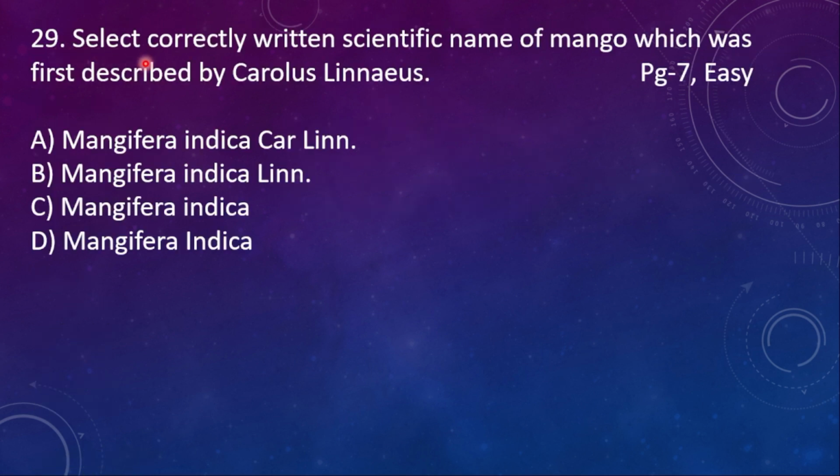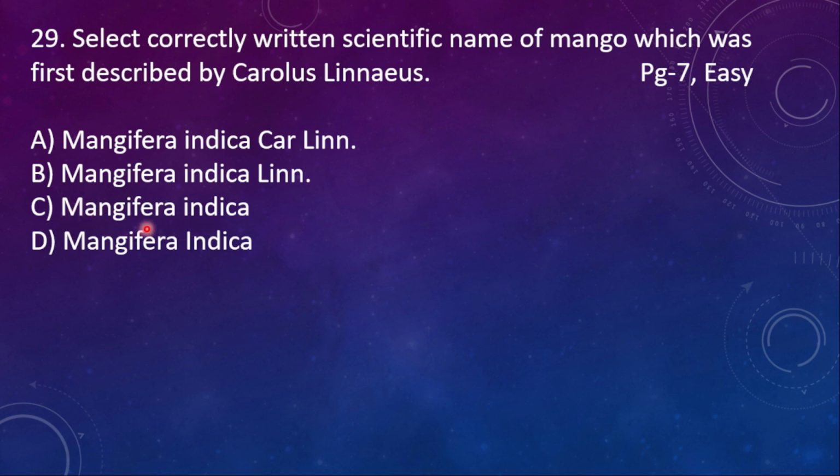29th question. Select the correctly written scientific name of mango which was first described by Carlos Linnaeus. Mangifera indica Carlin. No, car must not be there. Mangifera indica Lin. This is correct. And you may get confused among these two.